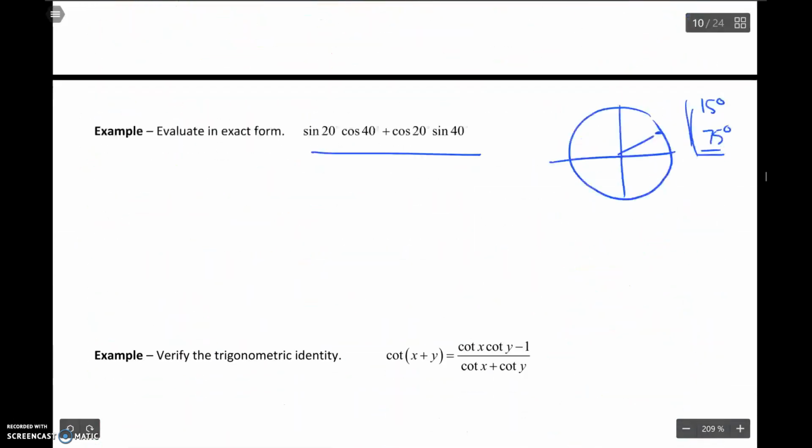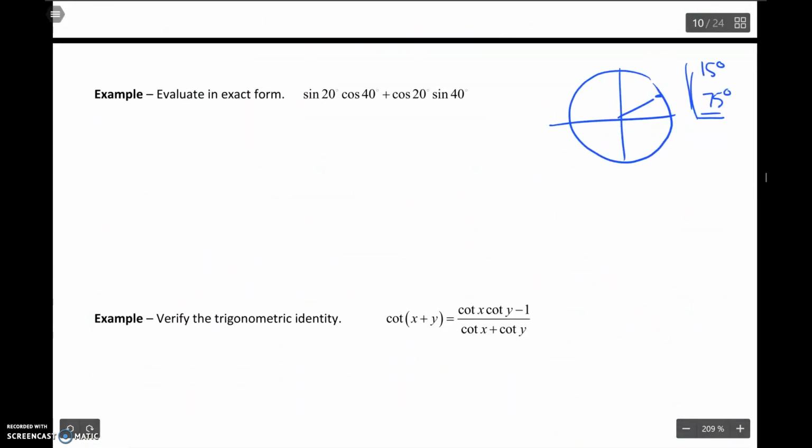So this one is sine, cosine, cosine, sine, same sign. So this is the sine. This is equal to the sine of 20 degrees plus 40 degrees.